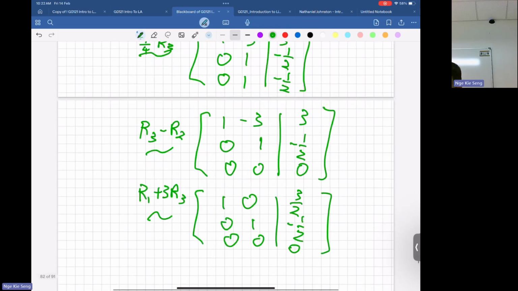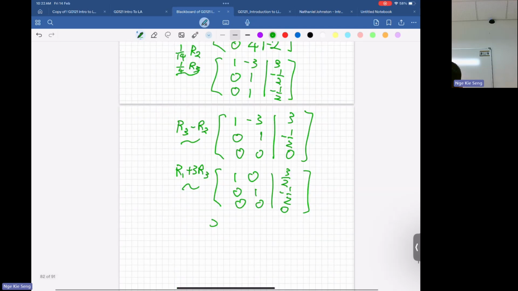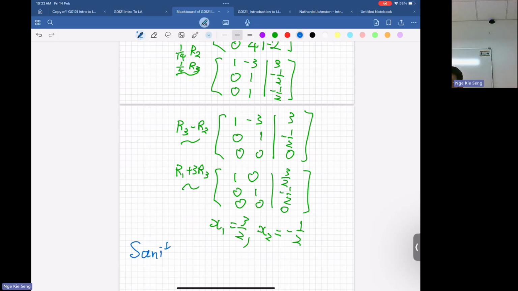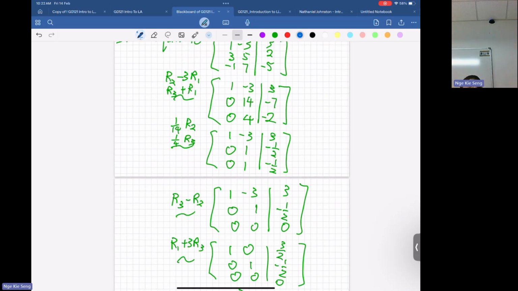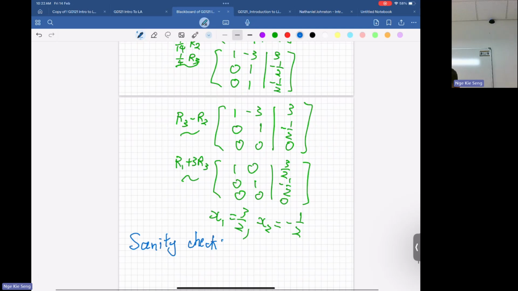Okay, so what did you solve here? Your x1 has to be 3 over 2. Your x2 has to be minus half. So up to this stage, you should do what? It's better that you go and do your sanity check. Put it back. Maybe you have some error in doing the EROs here, the row reducing steps. So make sure you go back and check.